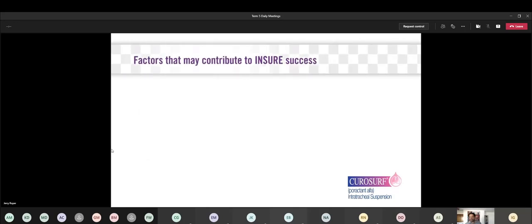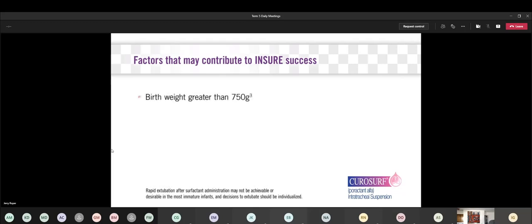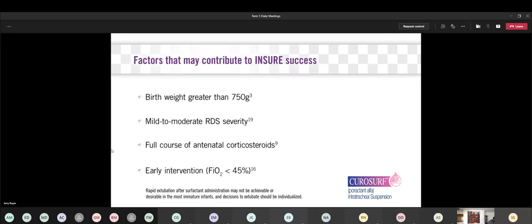Administration of a single dose of surfactant via the INSURE technique seems to have the greatest success in infants with body weight greater than 750 grams, less severe RDS, and those who may have benefited from a course of antenatal corticosteroids prior to birth. In addition, studies have shown that timing of the intervention may impact outcomes. It is recommended to intervene before the infant's FiO2 reaches 45%.